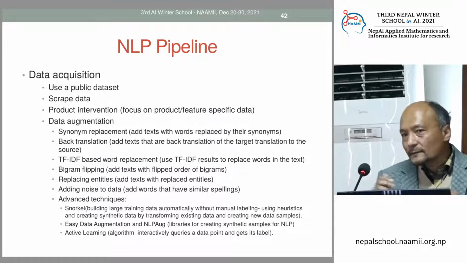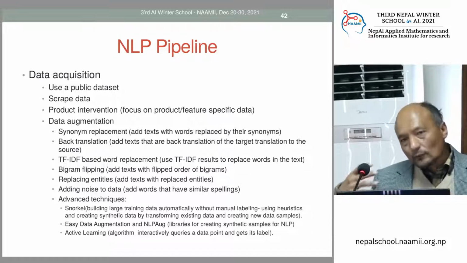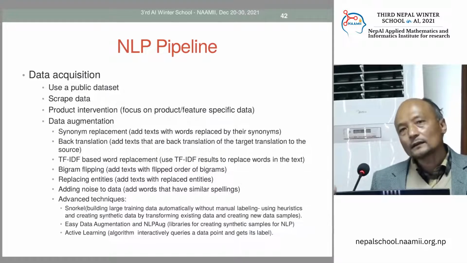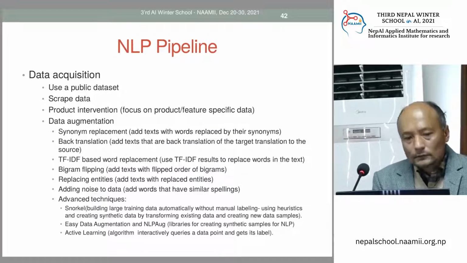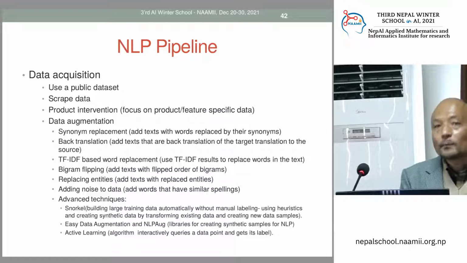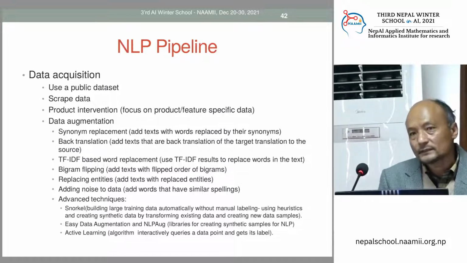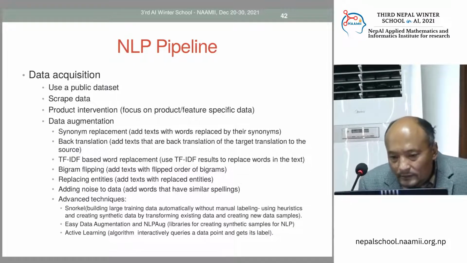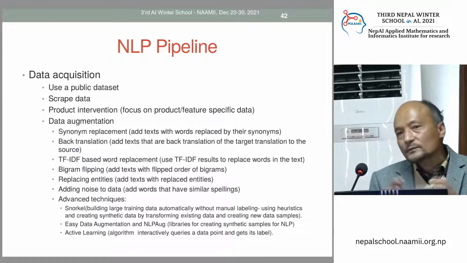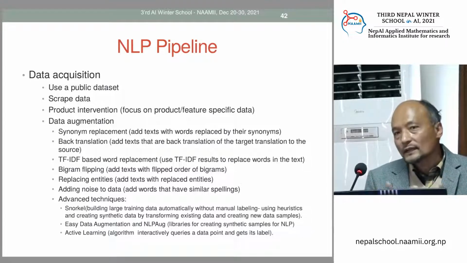So TF-IDF gives the score of a word occurring in one document alongside occurring in multiple documents. So in TF-IDF based word replacement, you could replace words based on the scores received by different words in the corpus or text. Use TF-IDF results to replace words in the text. Results meaning not the scores, but the words which occur in significant or good number.